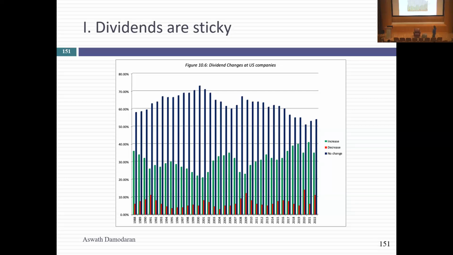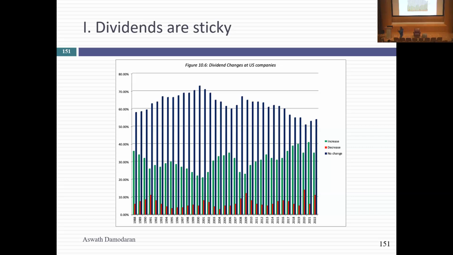The green is the increased dividends, the orange is the decreased dividends, and the gray is the do nothing to dividends in every single year. I can take this back to the 1920s if need be. The percentage of companies that paid the same dividend that they did the last year outnumbers the companies that changed dividends. So that's the first fact on the table.